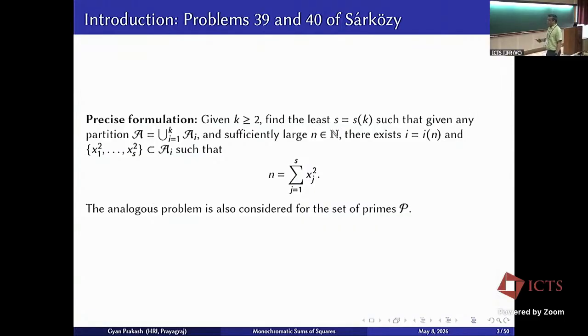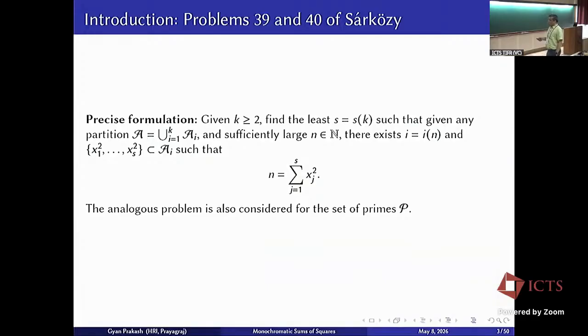Given k greater than or equal to 2, find the least s equal to s_k, a natural number depending on k, such that no matter how you partition the set of squares into k many parts, if n is sufficiently large, there always exists i in 1 to k and x_1 to x_s squares in the partition A_i such that n equals the sum over j from 1 to s of x_j squared. All these squares belong to the same partition, the same color, so they are monochromatic.